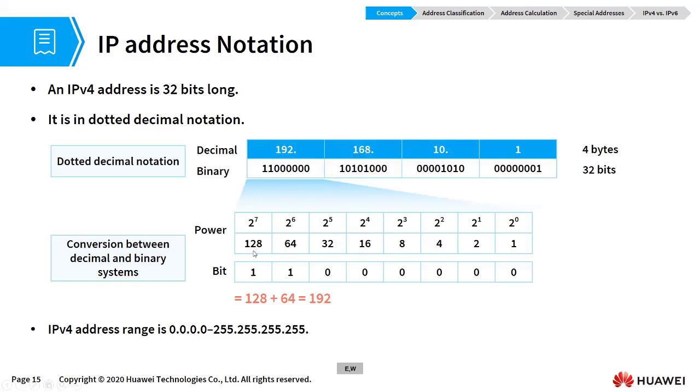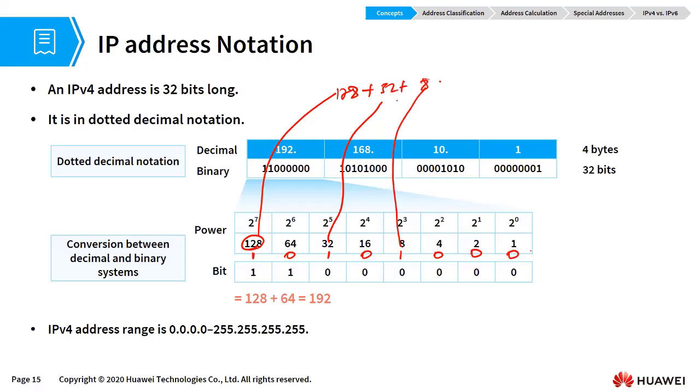What you do, you add together all the digits that are mapped to a 1. So we are going to get this 128, add it to this 32, add it to this 8. So get this plus 8, get 40. 40 plus 128 gives us 168.